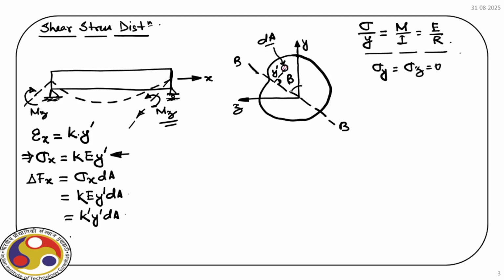Now we can also calculate Fx, that is the total force, which is k prime times the integral of y prime dA, where dA is equal to, say, dy dz, so it will be a double integral over the area.